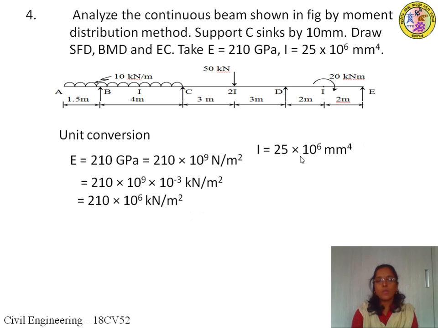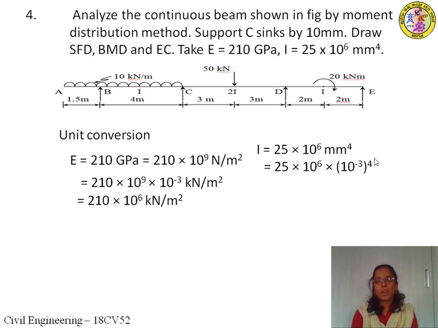The next value is I. I is expressed in mm raised to 4, so we have to convert it into meters raised to 4. That will be equal to 25 into 10 power 6 millimeter to the power 4. One meter is equal to 10 power 3 millimeter, so one millimeter is equal to 10 power minus 3 meters.